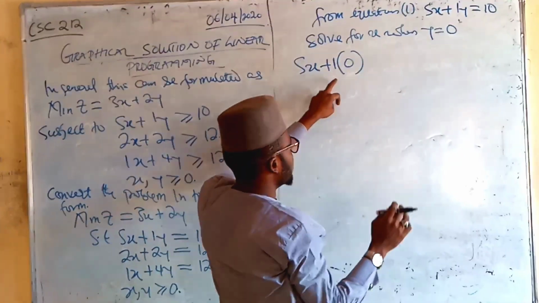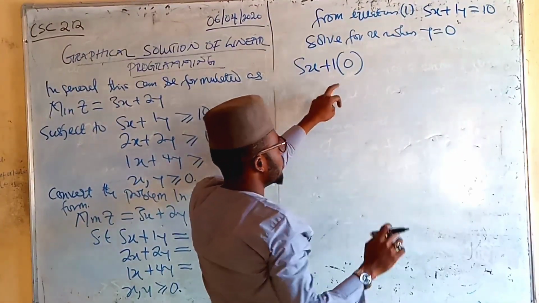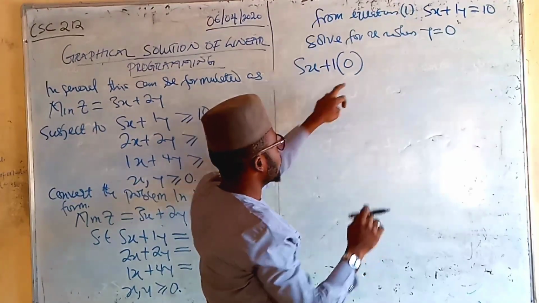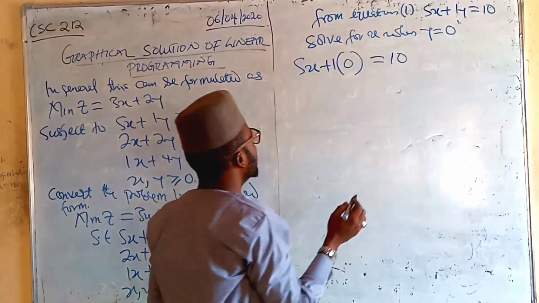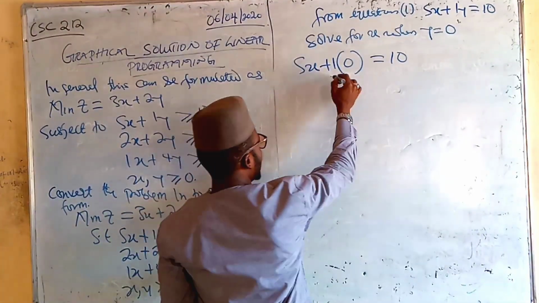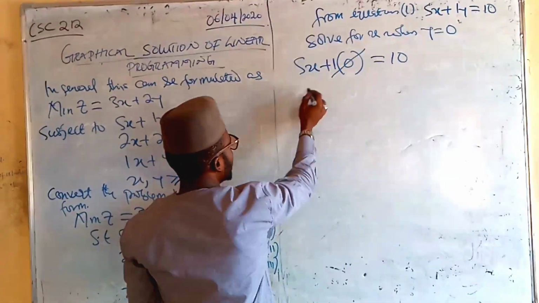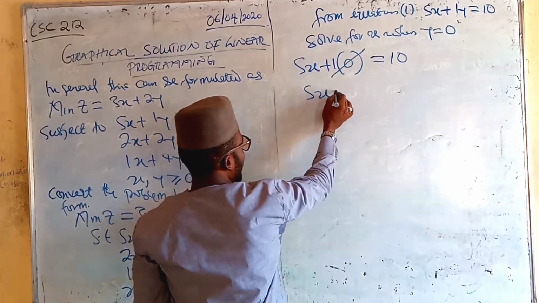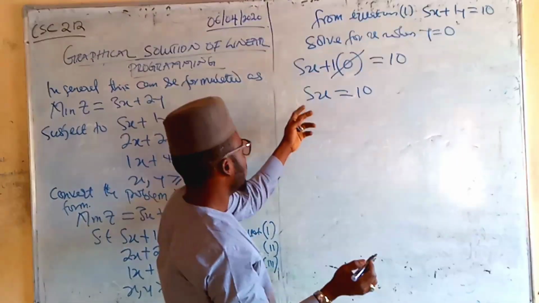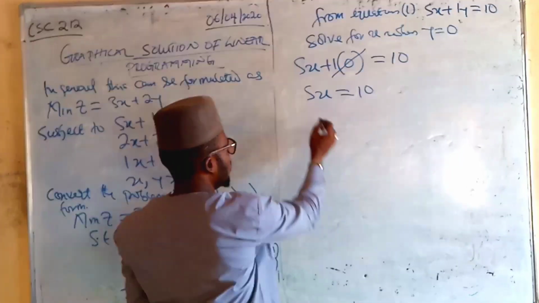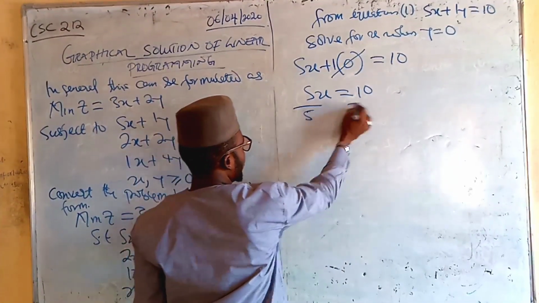Then we represent the value of y in this equation to be equals to 0, which is equals to 10. So you know, anything multiplied by 0 is gone. Now we have 5x, which is equals to 10. So for us to have the value of x here, we have to divide both sides by what?